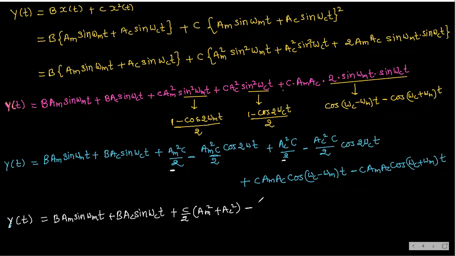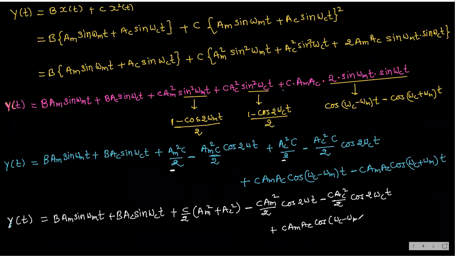So I'm writing like this only, minus C AM square by 2 cos 2 omega m t minus C AC square by 2 cos 2 omega C t and plus this as it is C AM AC cos (omega C minus omega m) into T minus C AM AC cos (omega C plus omega m) into T.